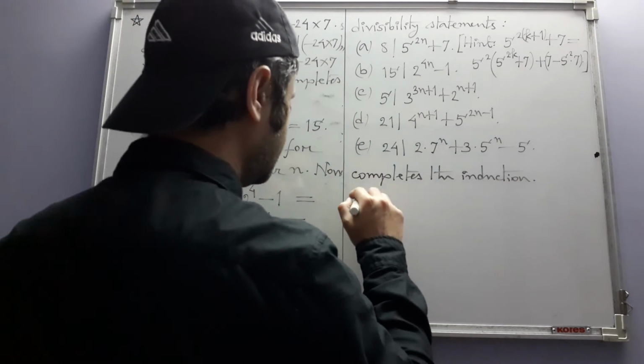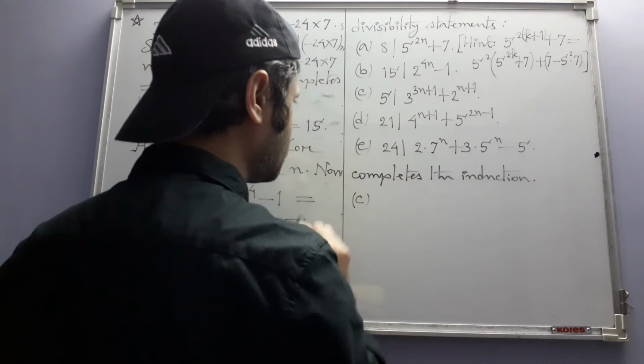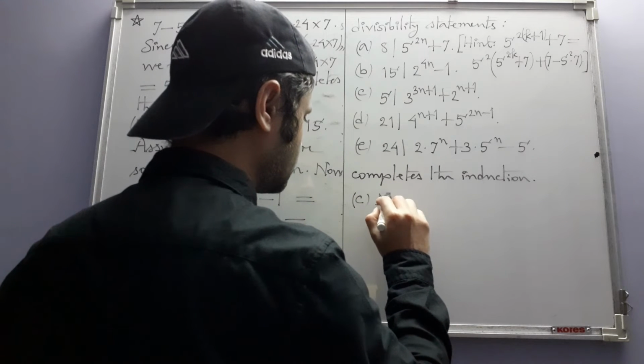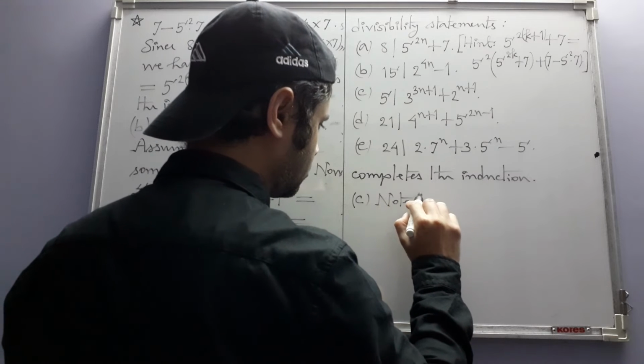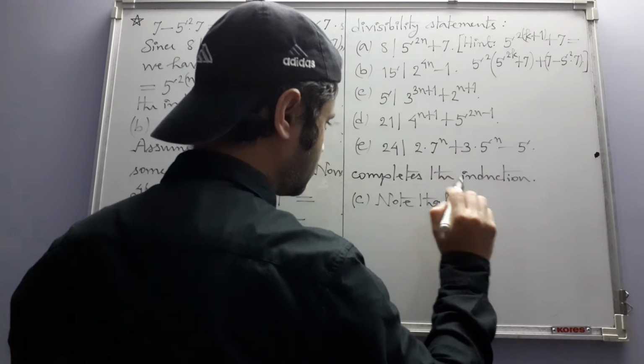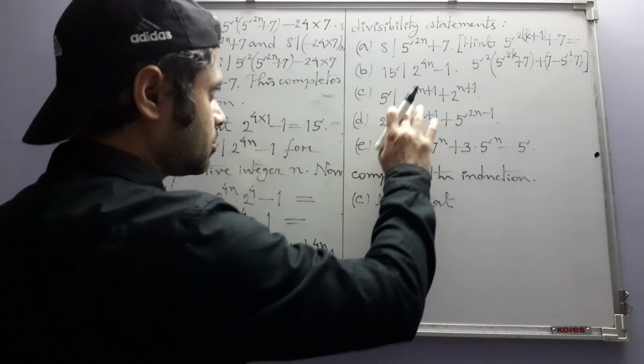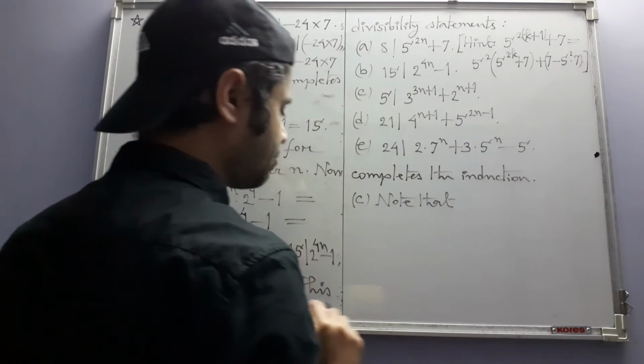Next, part C. So in part C, the divisor is 5.